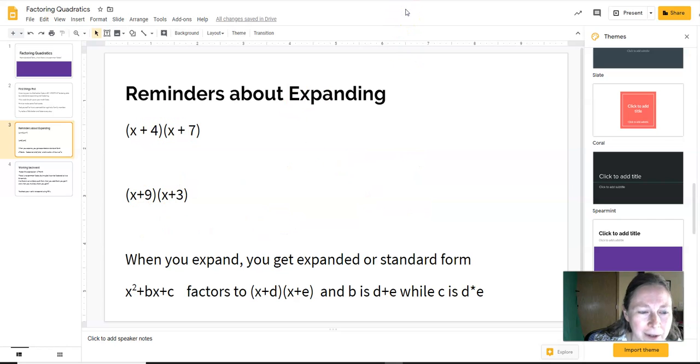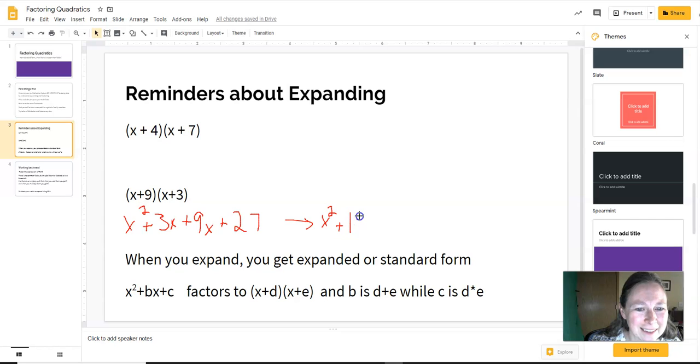Sorry, I erased the whole thing. x squared plus 3x, I'm sorry, plus 9x plus 27. All right, simplify that whole thing: x squared plus 12x plus 27. Again, a really similar pattern.